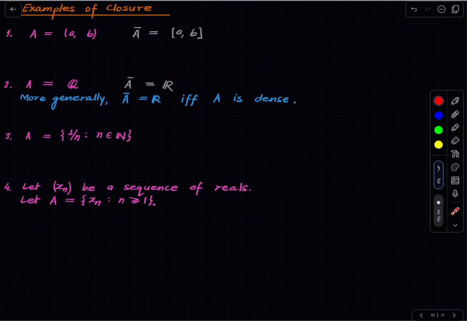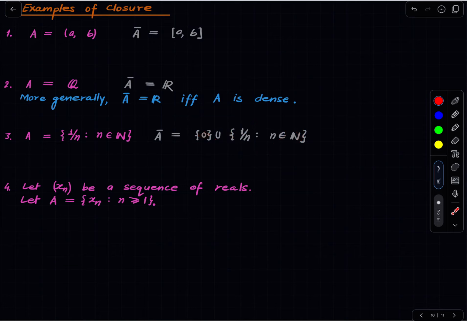What about this set? Well, here A closure is this set. Since these points converge to the point 0, if you make a room around 0, it will always intersect this set. So 0 has to be in the closure of A, and no other point is in the closure.